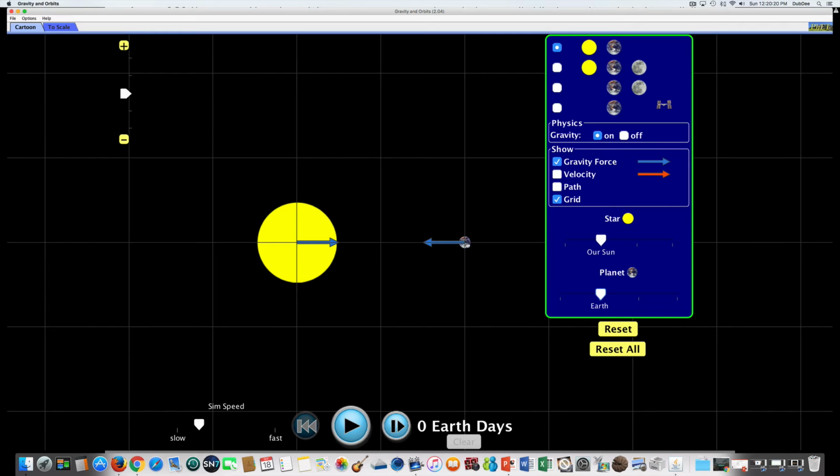What happens to the force that the Sun exerts on the Earth? Ignore this arrow here on the left. Just focus on the force that the Sun exerts on the Earth. If I move the Earth 2 times closer, notice that the force is now 4 times bigger, because here the force goes 1, 2 full squares. If I move the Earth back to where it was originally, now the force is only half of a square.